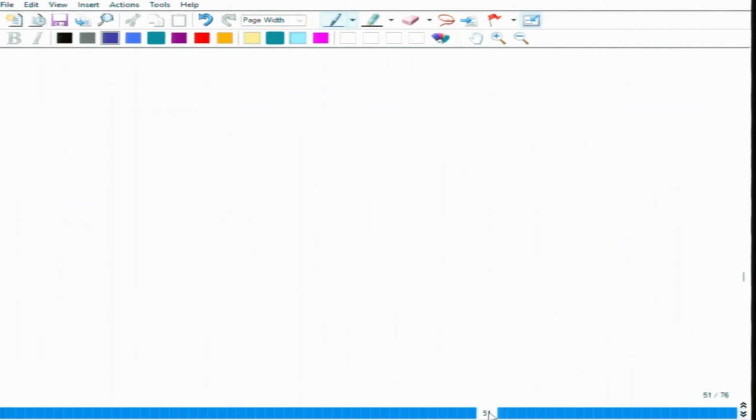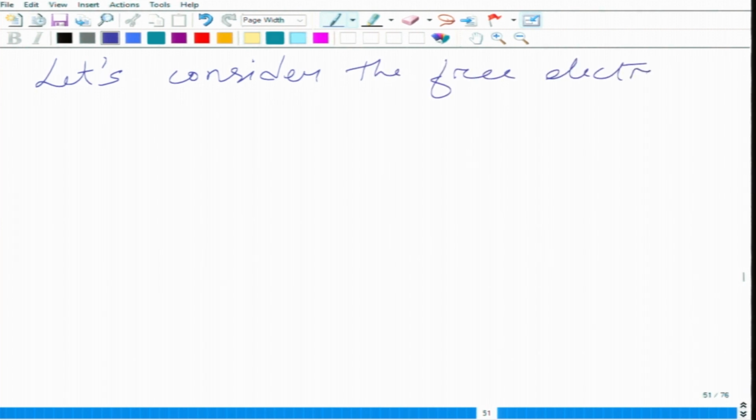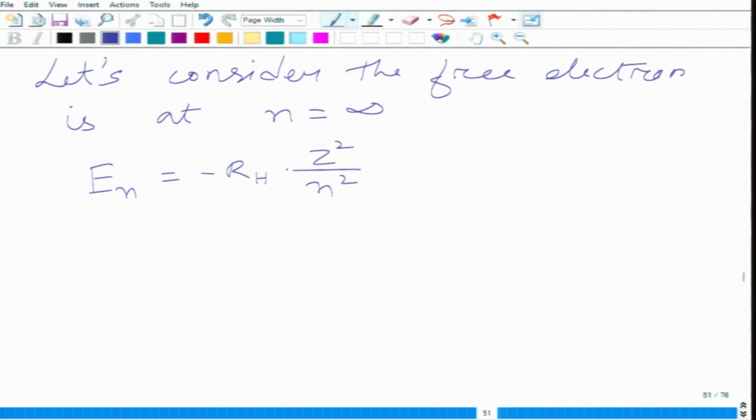Now let's consider the free electron is at n equal to infinity. Then what is the energy term? En equals minus RH into z square by n square, right?